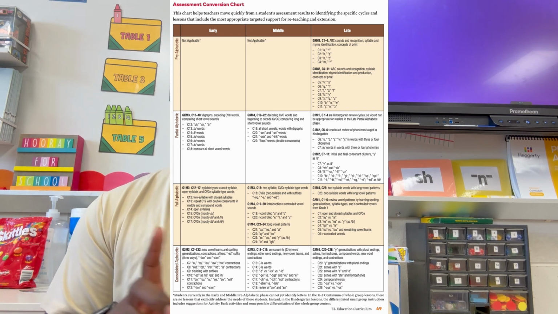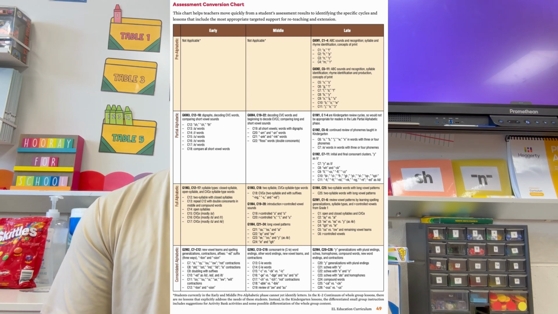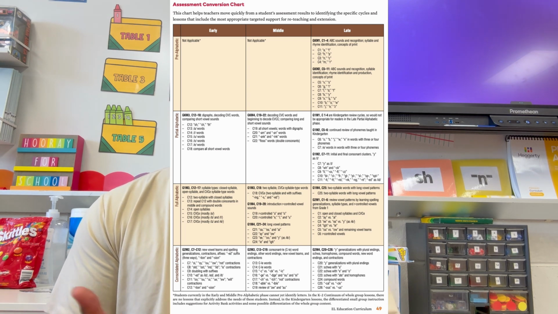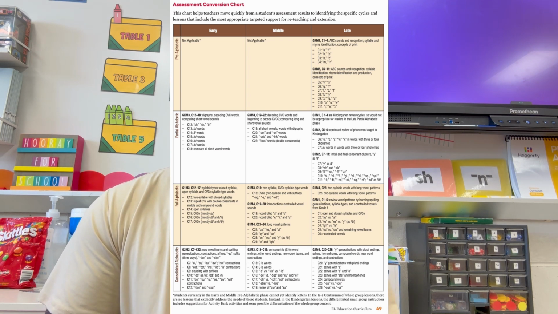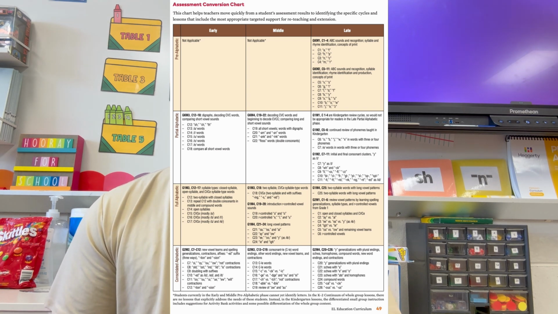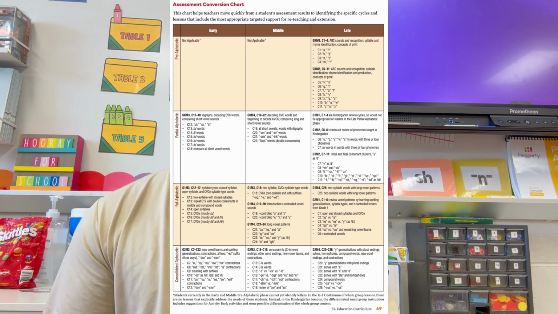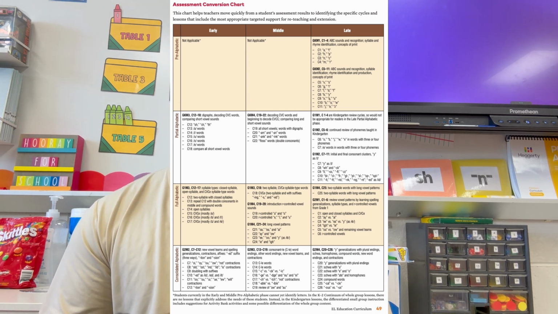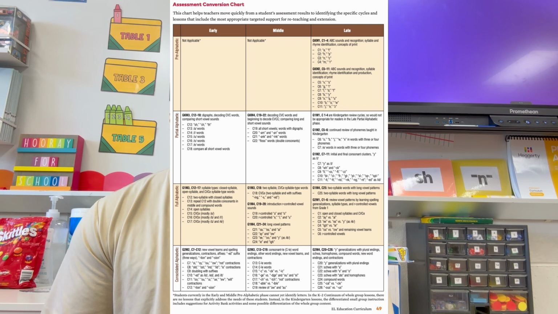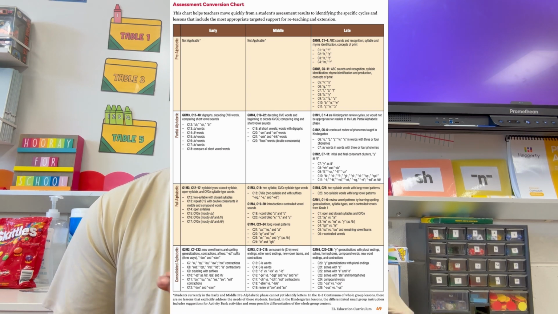And within each microphase, it tells me skills that your friends might need more support in. So I look at each microphase that my kids are in, and I look back through their decoding and their spelling to see what skills these specific kids are missing, because there might be some skills in that microphase that they don't need, and I don't want to waste time going over a skill that no one in the group needs.